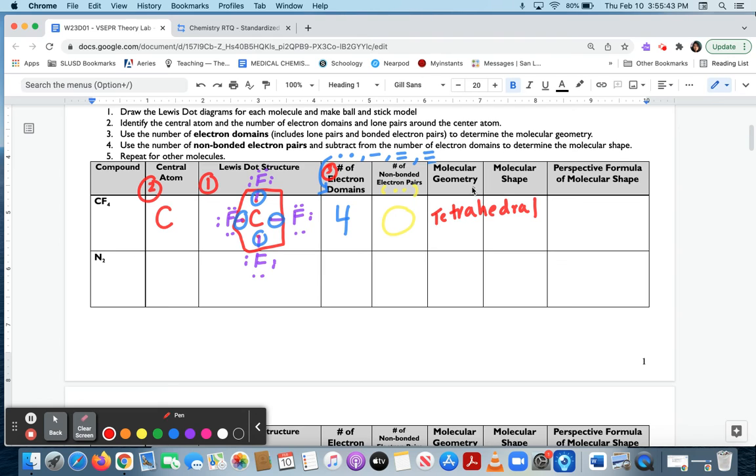So you might be wondering, if the answer is the same, why do I have these two? And that's because molecular geometry refers to the shape of the molecule, including the lone pair of electrons, while molecular shape does not include the lone pair of electrons. For those of you working at home, don't worry about completing the perspective formula for now.